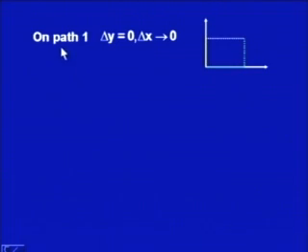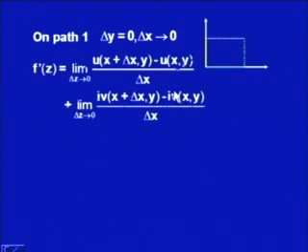Now, to take the limit I again consider two paths. First the path 1, that is this green path, on which delta y is 0 and delta x is tending to 0. So, along this path f dash z is written as the limit of u x plus delta x comma y minus u x y divided by delta x, and delta z tending to 0 means delta x is tending to 0.